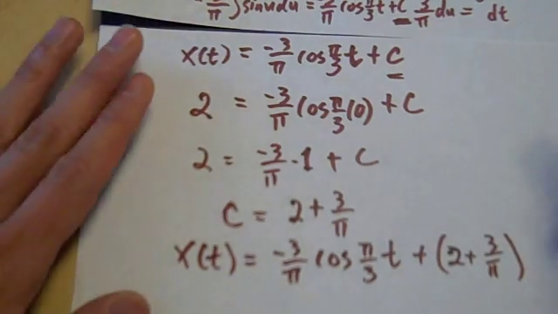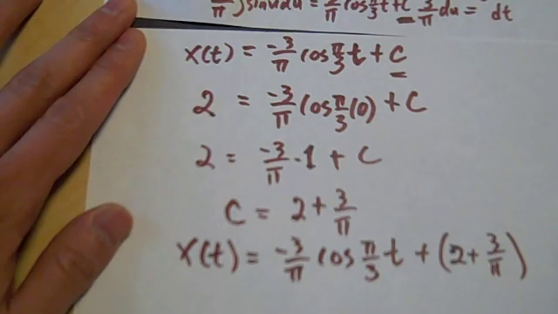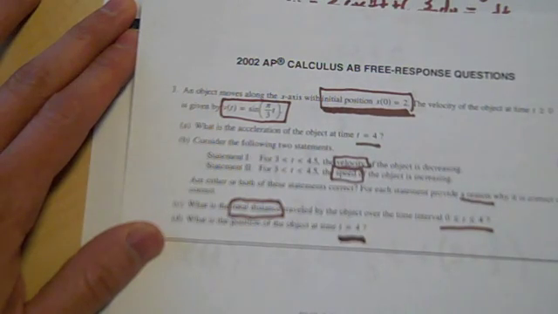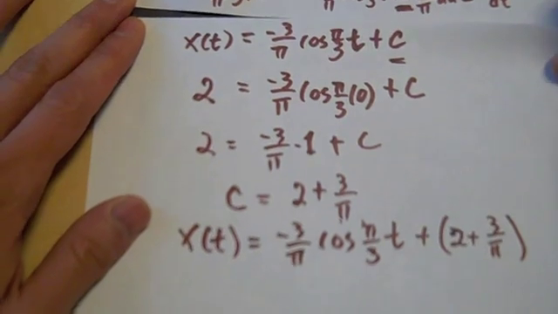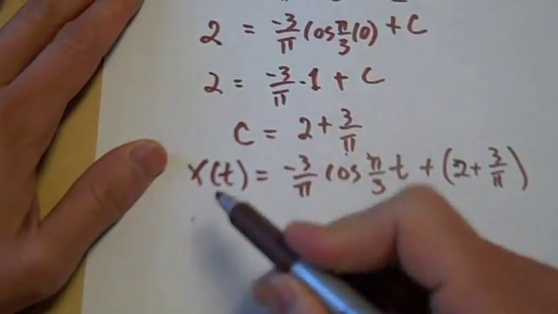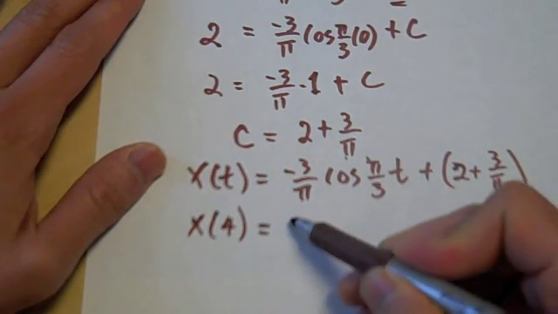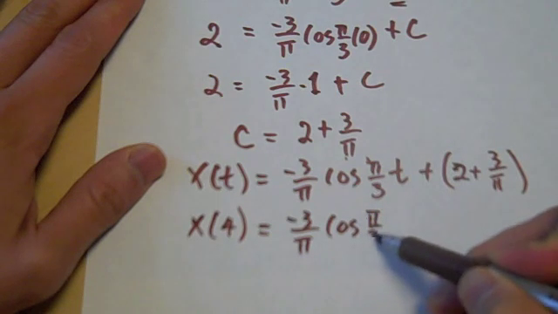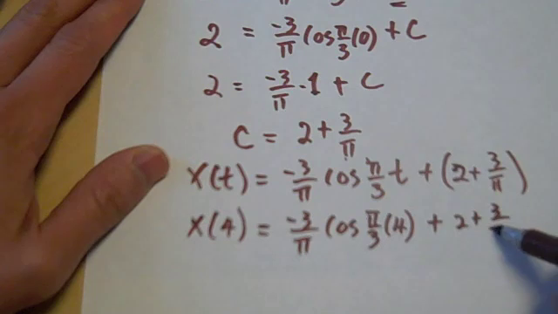So finally, what is x at t equal to 4? Position at t equal to 4. That's very simple. We can put 4 into t. We end up with negative 3 over pi cosine pi third times 4, plus 2 plus 3 over pi.